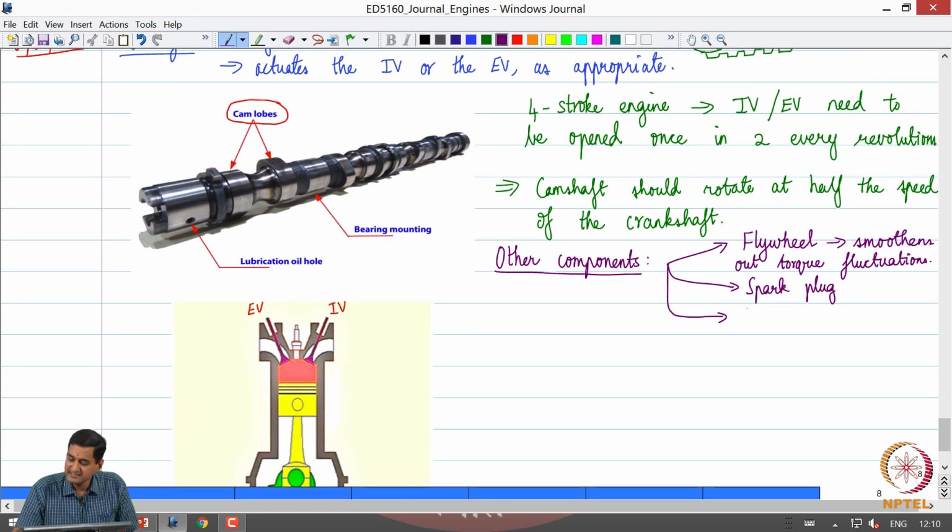And in diesel engines or compression ignition engines, there are elements called fuel injectors that will spray diesel into the combustion chamber at the appropriate time. So, that is the function of a fuel injector. These are some other components that we would be encountering as we go along in this discussion.